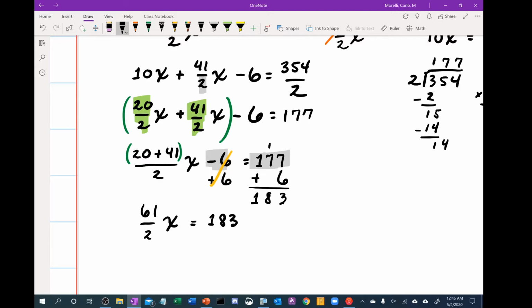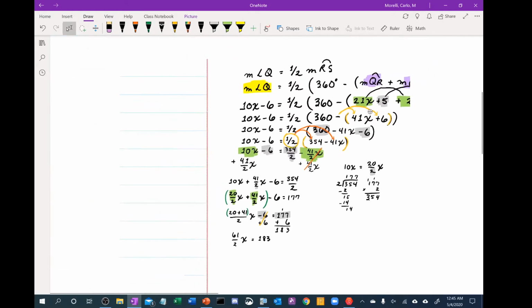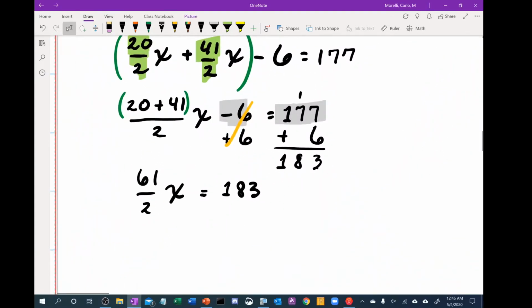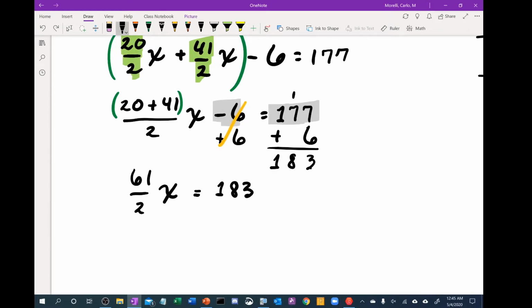Look at how far we've come from this long problem down to just this simple thing here. All right. Now, like I said, I'm not going to divide 61 by 2. Instead, I'm going to multiply by the reciprocal, 2 over 61, on both sides.